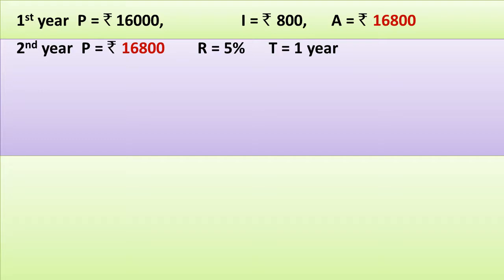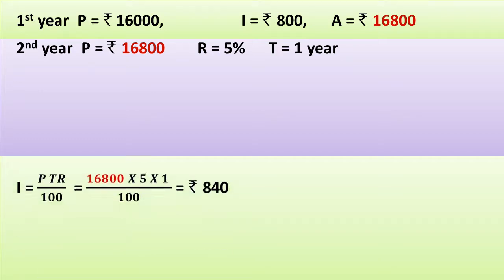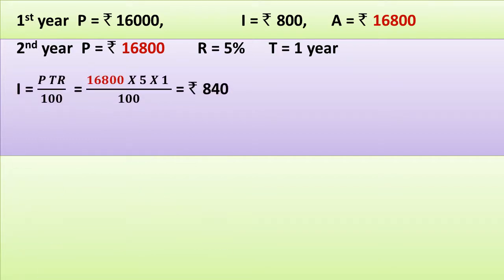The amount at the end of the first year is 16,800. It becomes the principal for the second year. So again, calculate the interest for the second year considering the principal as 16,800. That is 16,800 into 5 into 1 over 100. 2 zeros of 100 and 2 zeros of 16,800 get cancelled.